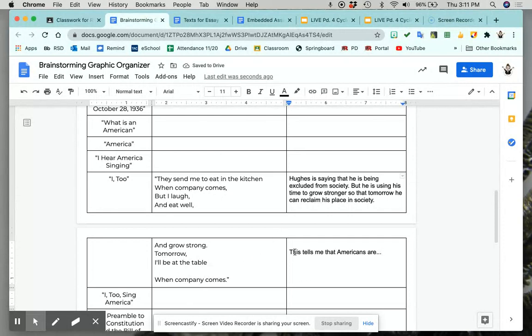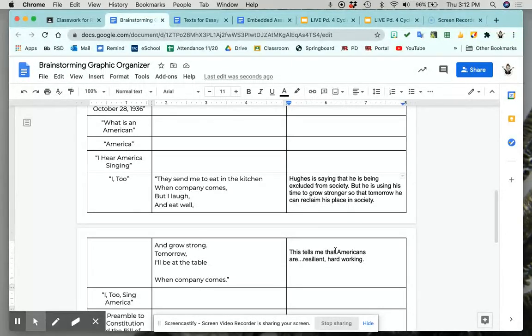Now it's time for me to figure out what that tells me about Americans. If I had to make a generalization, what would I say? So this tells me that Americans are resilient or hardworking, right? Because it tells me that when something bad happens to them, they find a way to grow stronger so that they can overcome that obstacle.